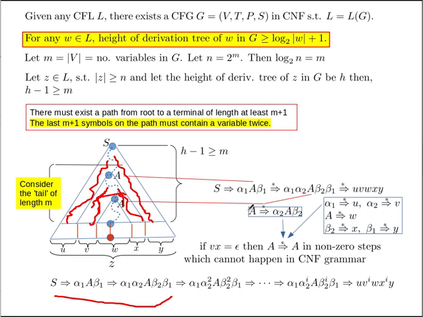So now from here, using this, we have another alpha 2 and another beta 2. We have alpha 2 square, beta 2 square, and again we can use this. Then we expand this into alpha 2 a beta 2, so we will have alpha 2 cube a beta 2 cube. If we do this i many times, we will have alpha 1 alpha 2 to the i, a, beta 2 to the i, and beta 1 here.